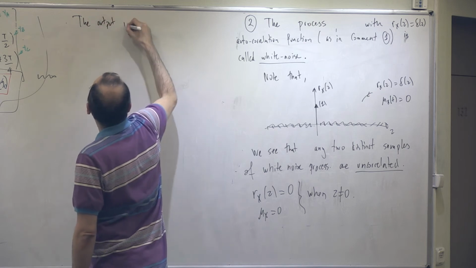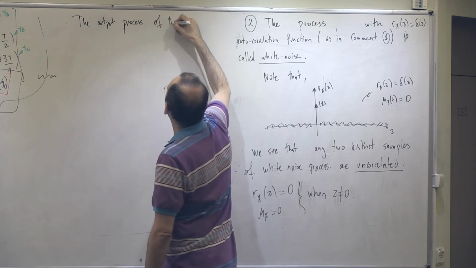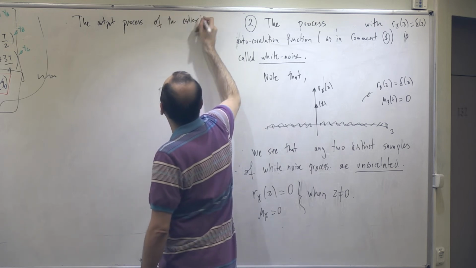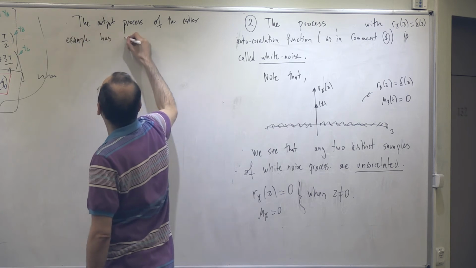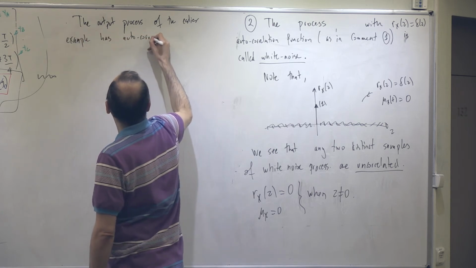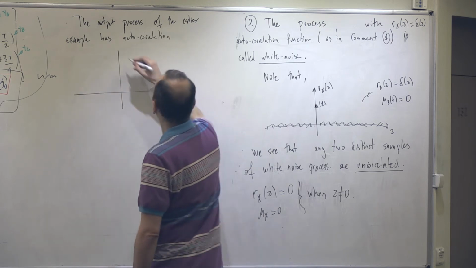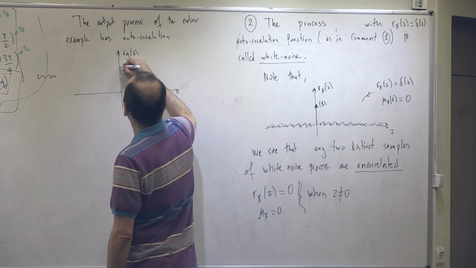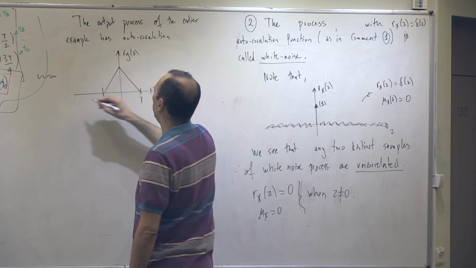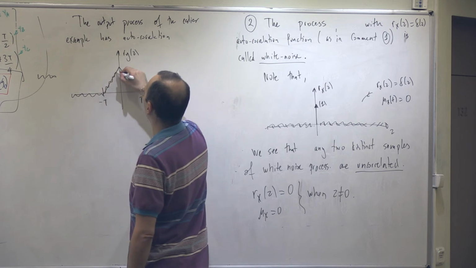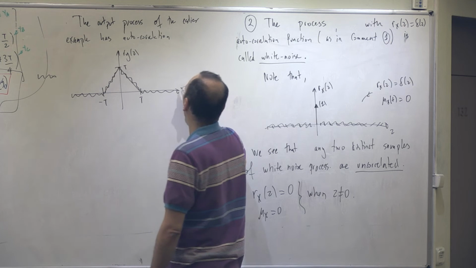The output process of the earlier example has autocorrelation Ry of tau like this, from minus t to t.